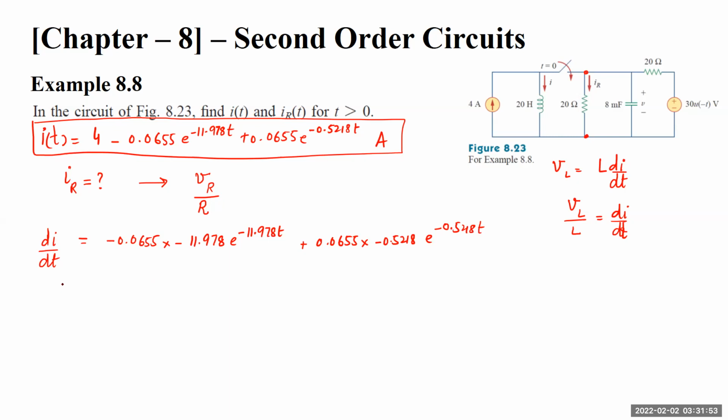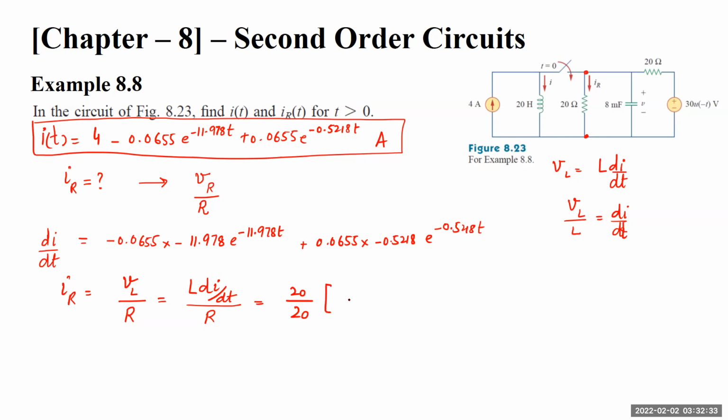And if I have to find iR, it will be VL divided by R, and VL is basically L times di/dt, divided by R. So multiply by the inductance value. Inductance is 20 henry, and resistance is 20 ohms.